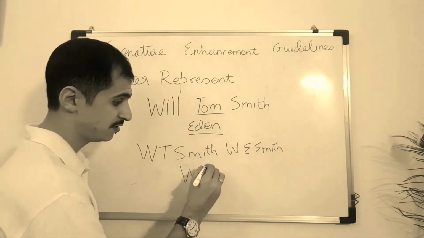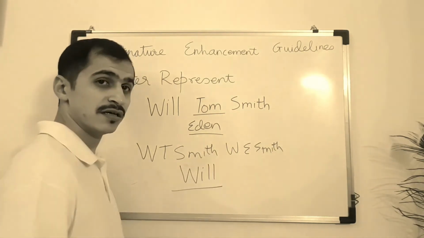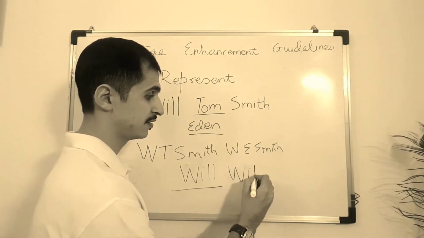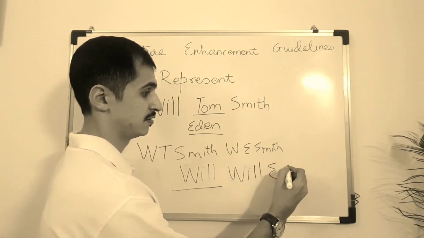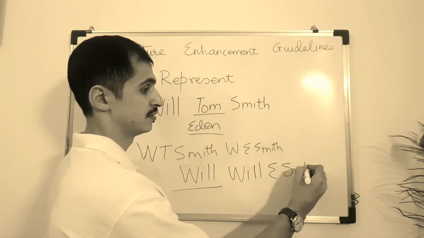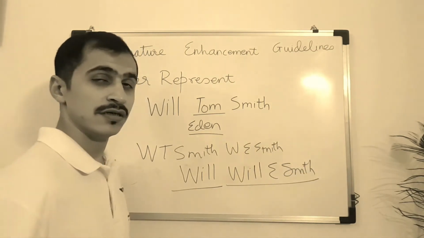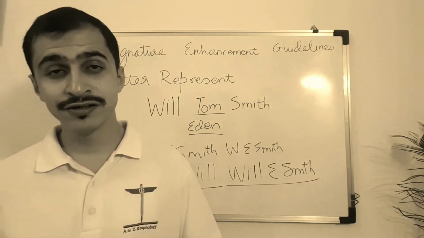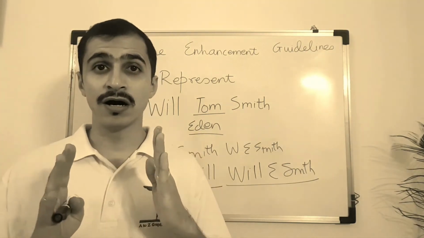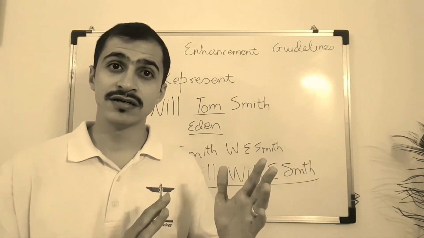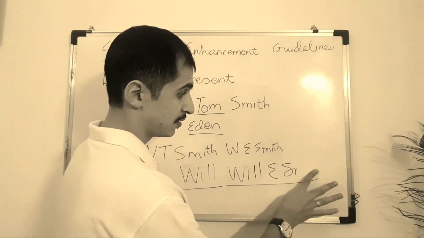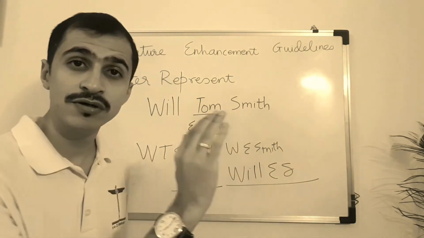Is this good, to just write his name, or should he write his mom's initials, father's initial? Should he write his name in full and the rest of it in initials? Or can he just write WES?